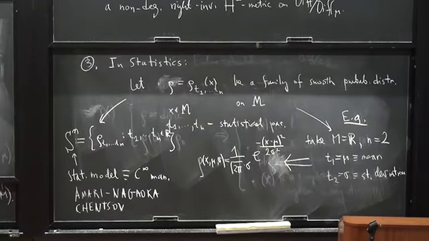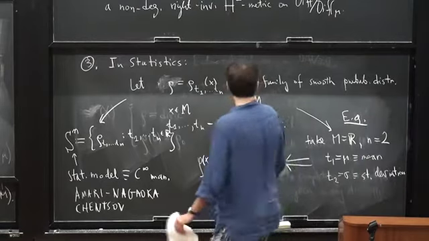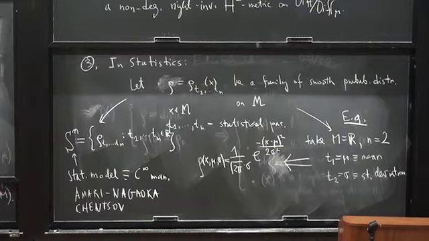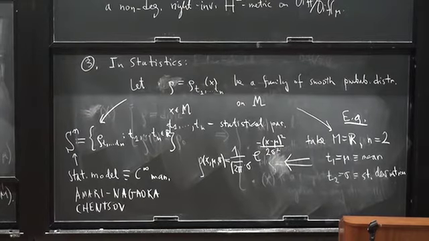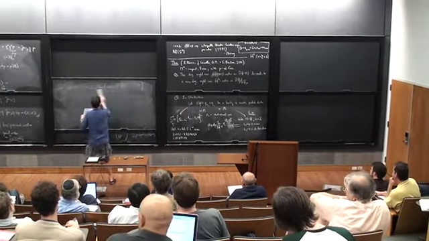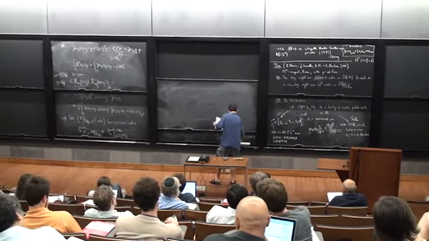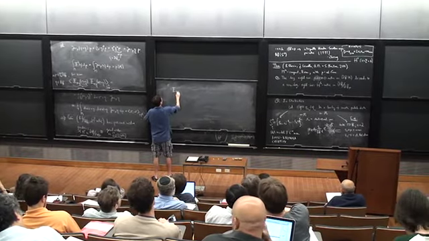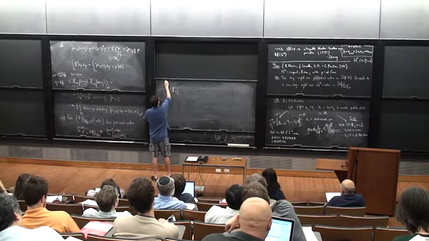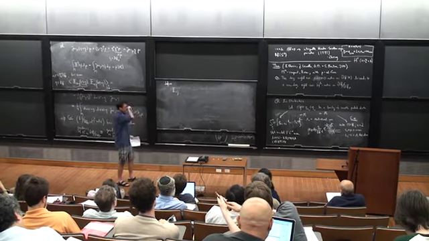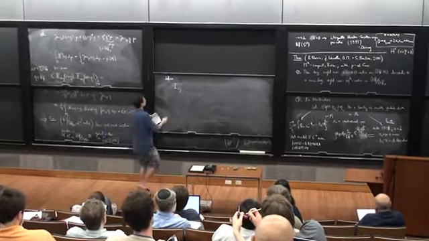Now, in the 40s already, people understood that, given such a family, one can define a non-degenerate positive definite matrix associated with this family, which is called the Fisher-Rao information of the family of distributions rho.